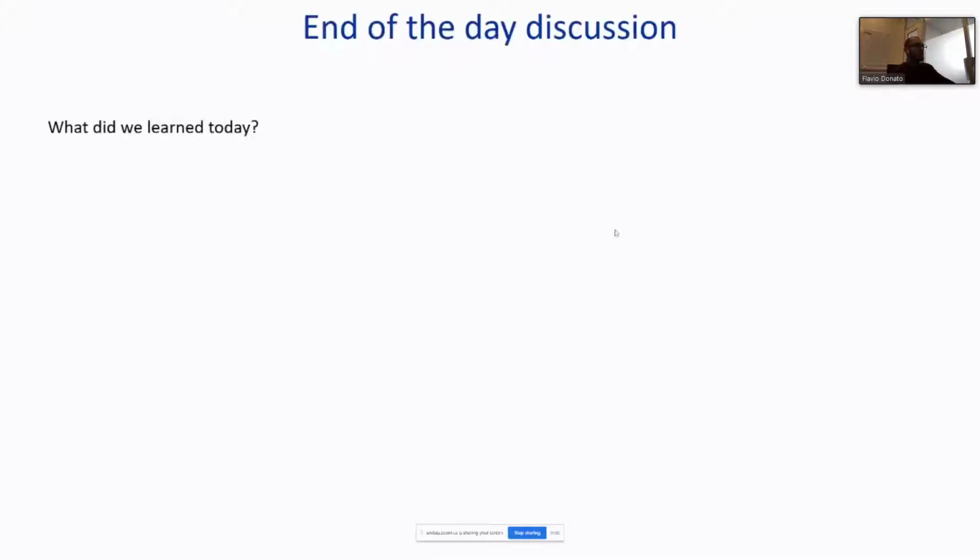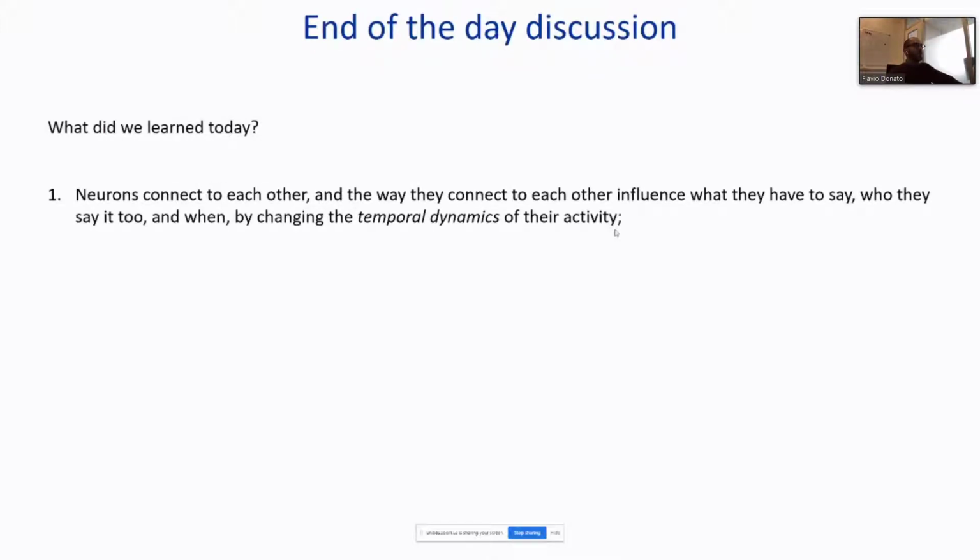So to wrap up what we went through today, and this is the beginning of our end of the day discussion, we know that neurons connect to each other, and the way in which they connect to each other influences who they speak to, and what they have to say when they're actually talking. We are talking about this as the temporal dynamics of activity of individual neurons and individual neuronal networks.